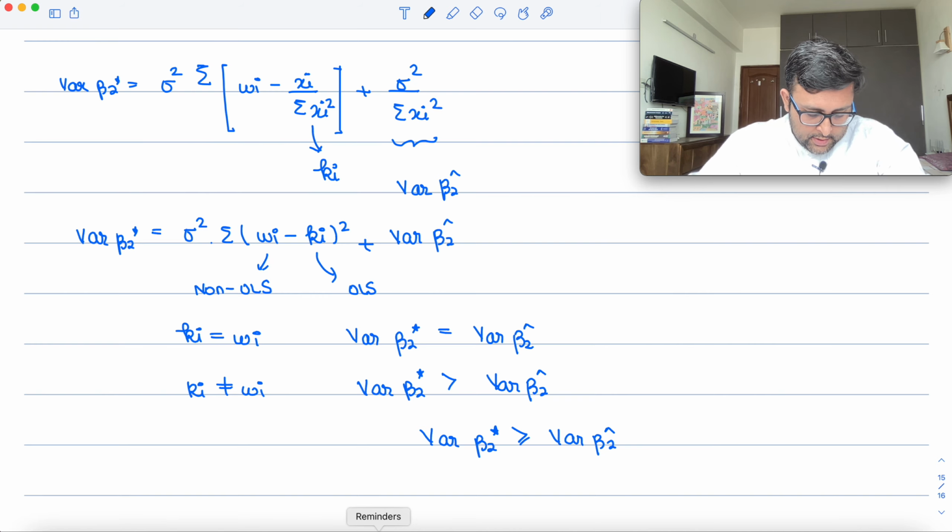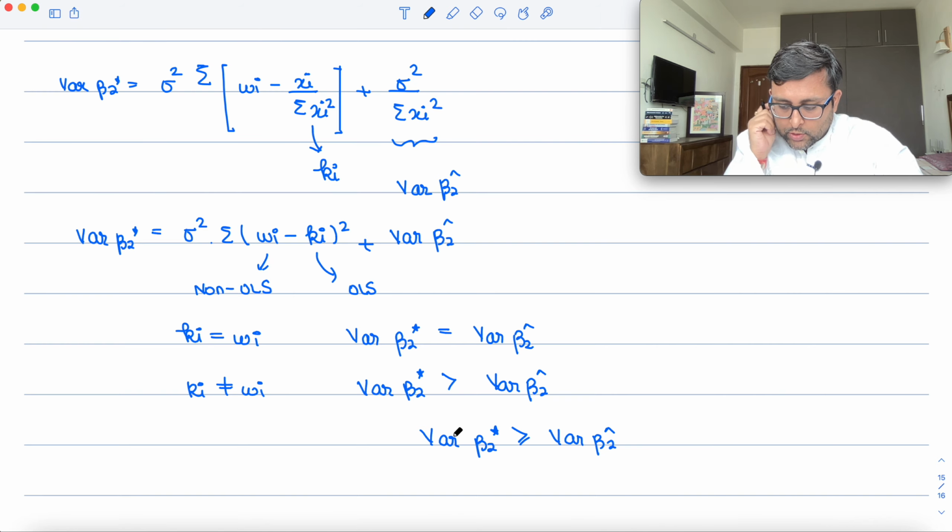So the OLS estimators have the minimum variance in the class of all linear unbiased estimators. The variance of beta 2 star is the variance of the alternative linear estimator, which is not OLS, and the variance of beta 2 hat is that of the OLS estimator.